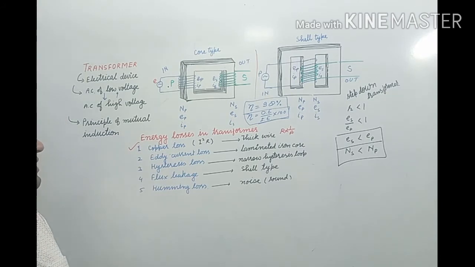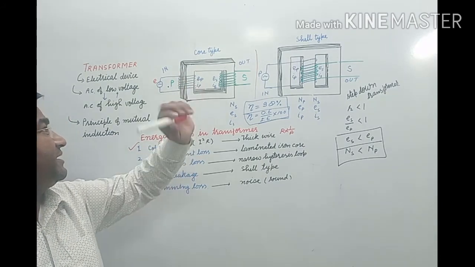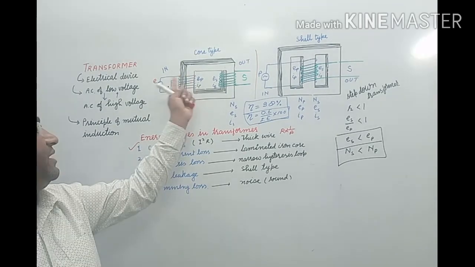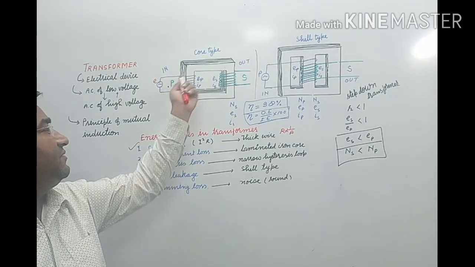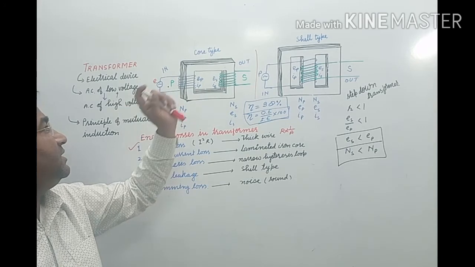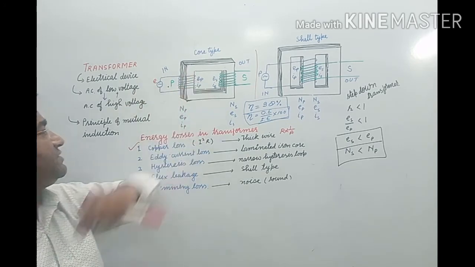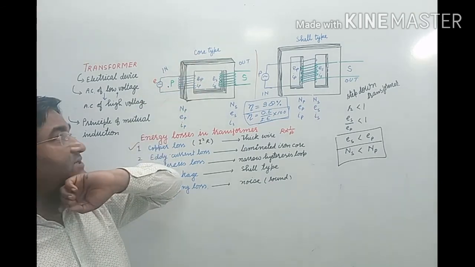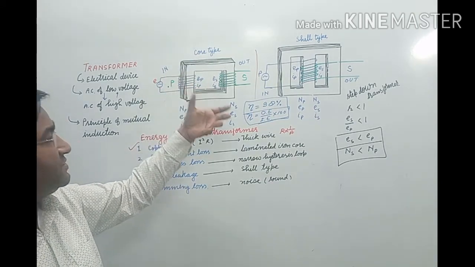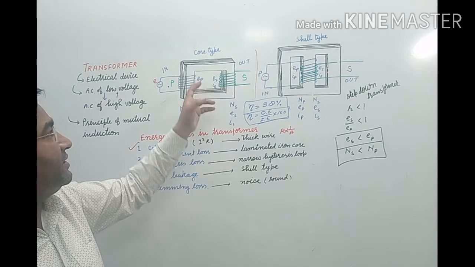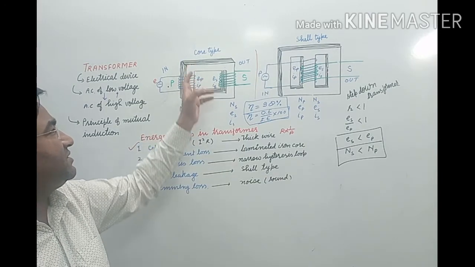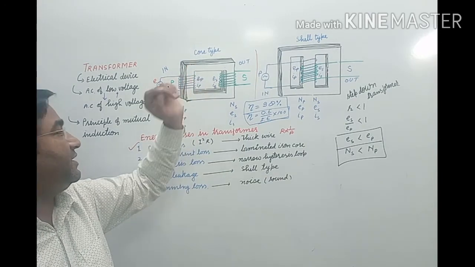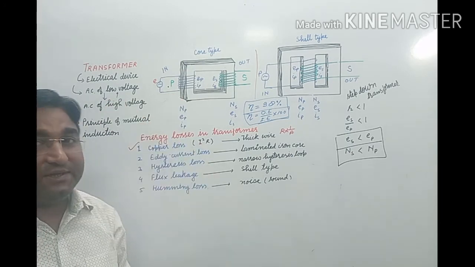Now, eddy current loss. It is based on electromagnetic induction: when current passes through the primary coil, it becomes a magnet, and therefore the iron core inside the coil also becomes a magnet. If that is a solid magnet, there will be chances of formation of eddy current.